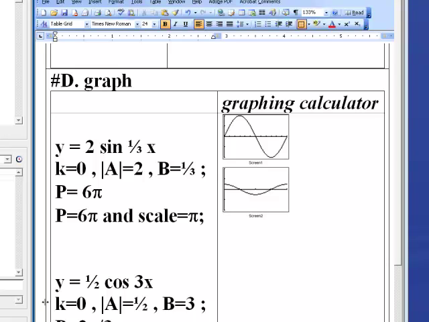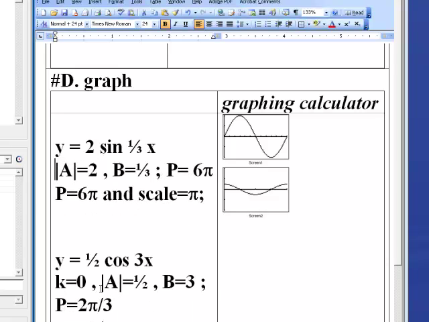Okay, I'm back. So graph y equals 2 sine 1/3 x, and then graph y equals 1/2 cosine 3x, and I'm going to do that in a moment. The k here is actually extraneous. That's actually for the next section.